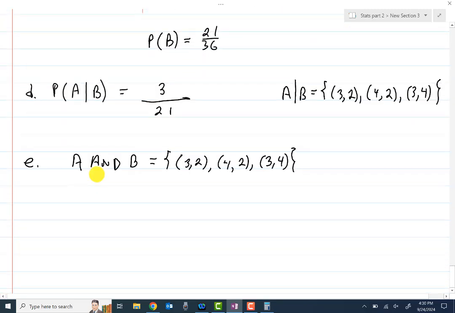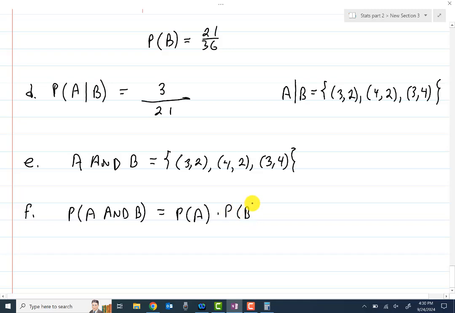Are A and B independent? So we've got a few ways of working that. One of them is the probability of A and B should equal the probability of A times the probability of B. This is, if they are independent, that would be true. So let me put a question mark if that's true.